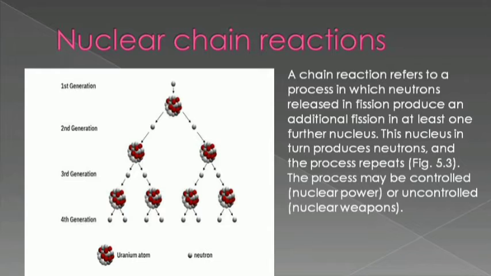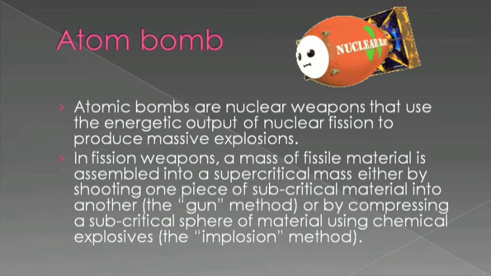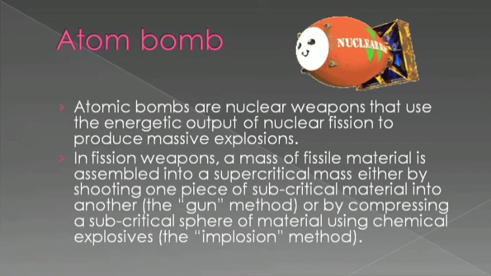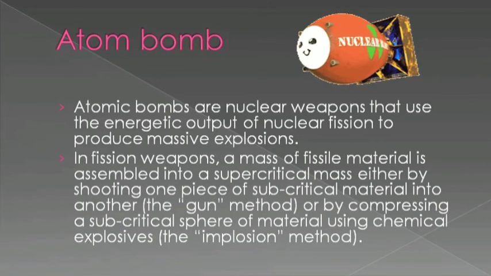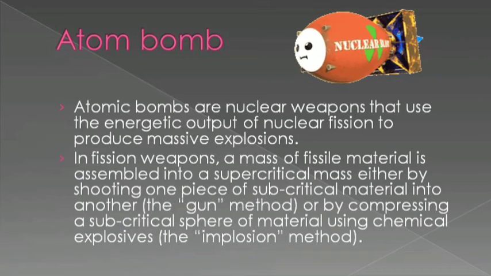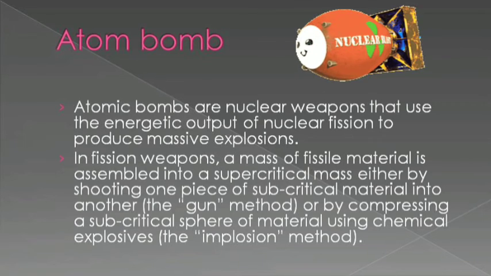The process may be controlled, as in a nuclear reactor or nuclear power, or uncontrolled, as in nuclear weapons. Hope you remember the atom bomb. Atom bombs are nuclear weapons that use the energetic output of nuclear fission to produce a massive explosion.